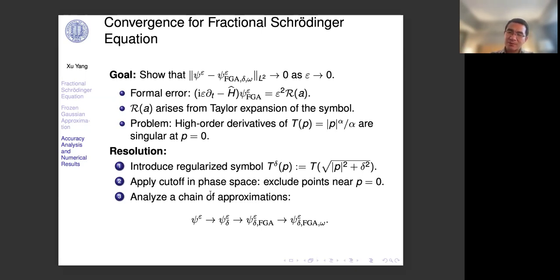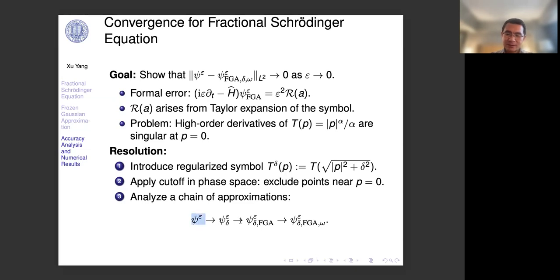So we have to do some cutoff in the phase space so that when it gets there, we ignore it, but we cannot really ignore it. We have to estimate how many Gaussian wave packets can go there. If only very few Gaussian wave packets get into the p equals 0 region, then we are still able to develop the accuracy estimate.